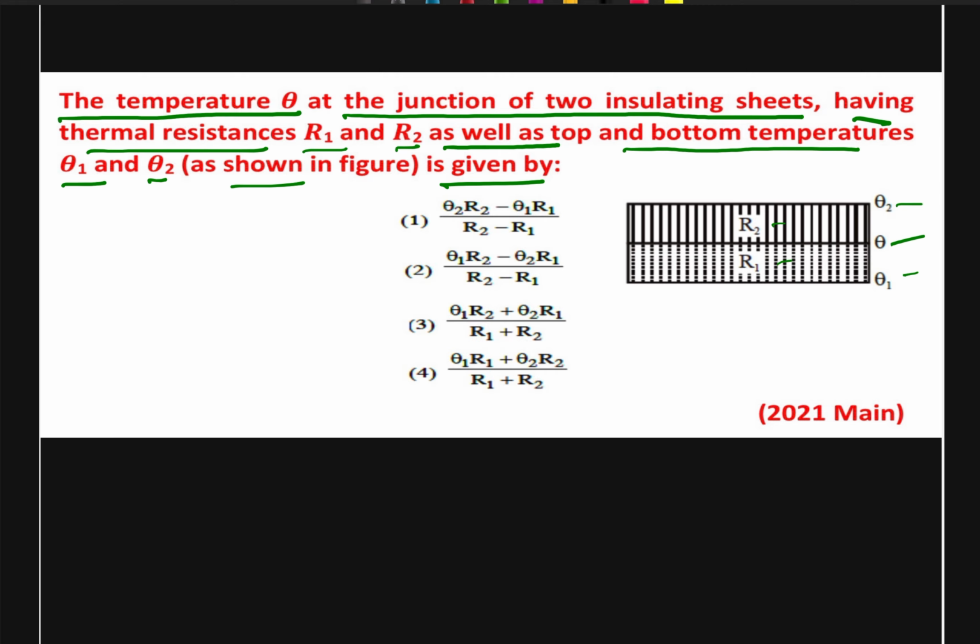So in this case, as normally in these types of questions, we assume that there is a steady state heat flow.